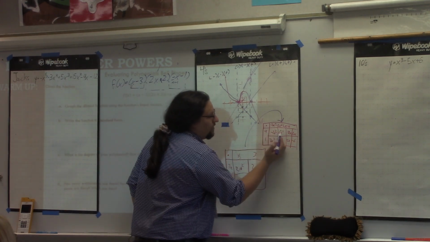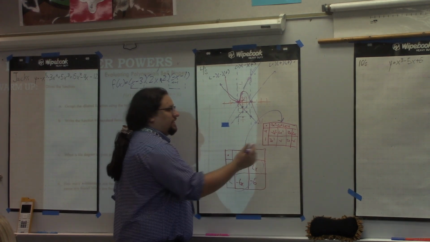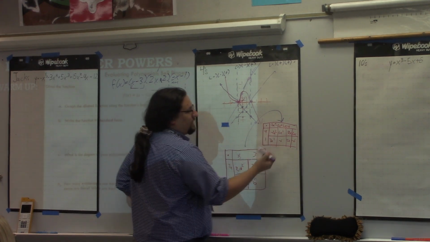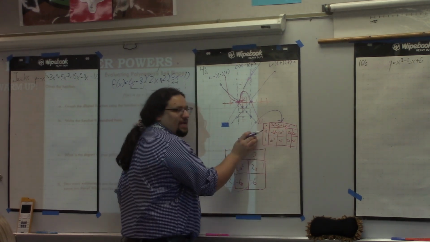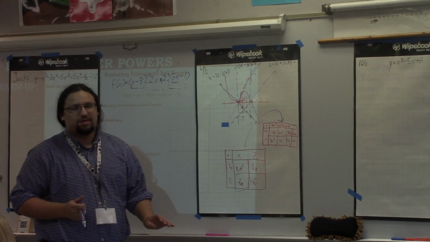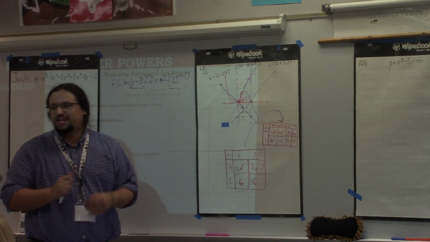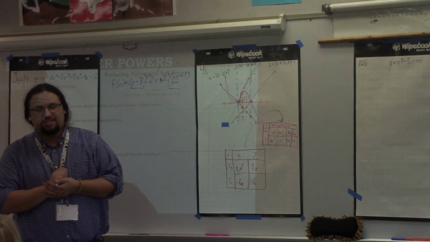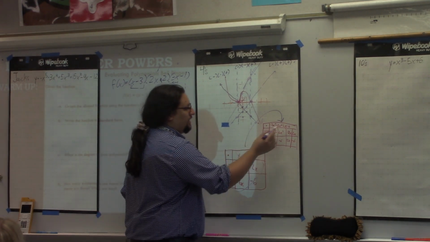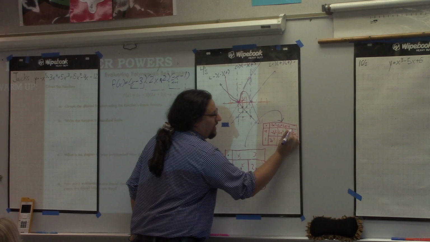Because what happened here is that it looks like this group missed a little bit. So that 2x squared times negative x, negative 2x squared, negative 6x times negative x, positive 6x squared. That 2x times negative x should be what? What's 2x times negative x? 2x times negative x should be a negative 2x squared here.